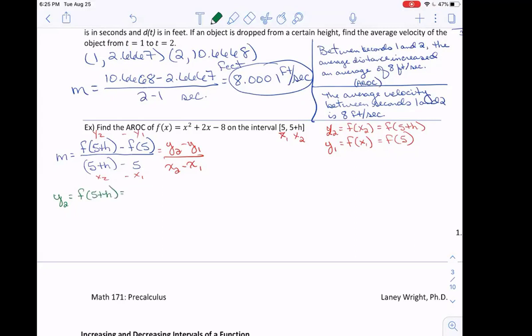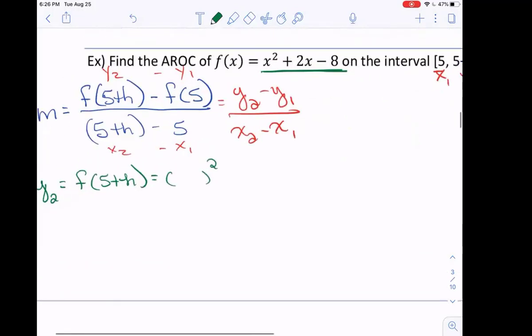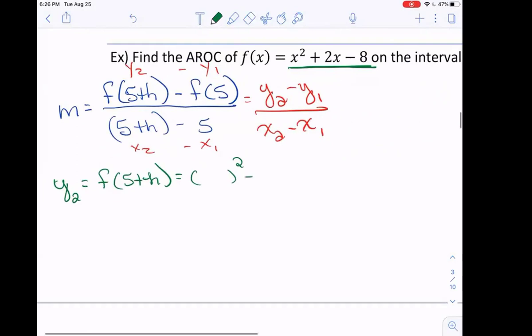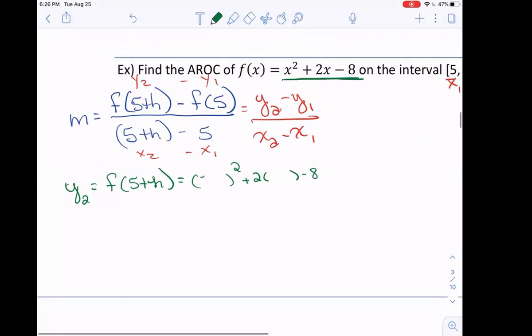And what that means is we're going to take this function here, x squared plus 2x minus 8, and instead of the x that's being squared and 2 times the x, we're going to plug in 5 plus h for every x. So we have 5 plus h here. We have 5 plus h there.